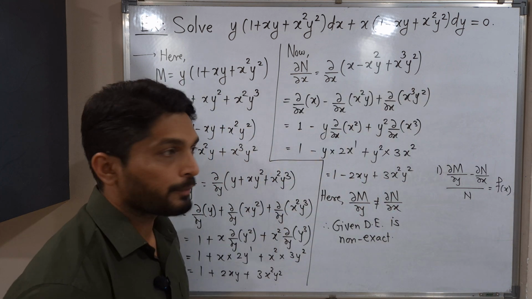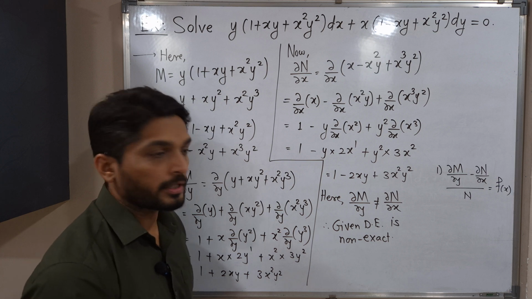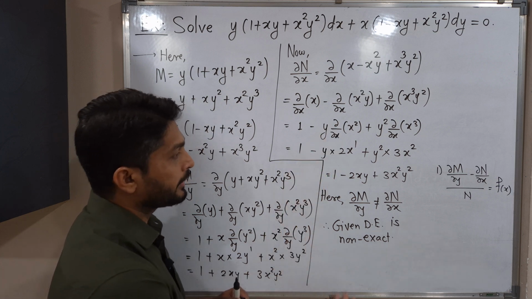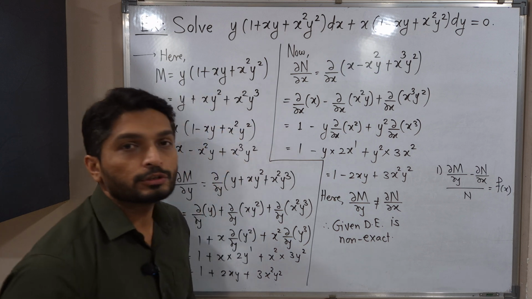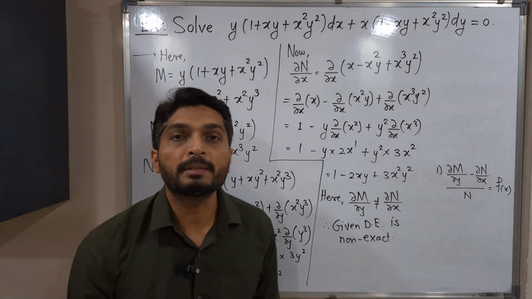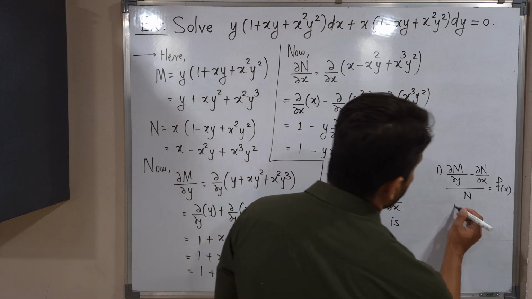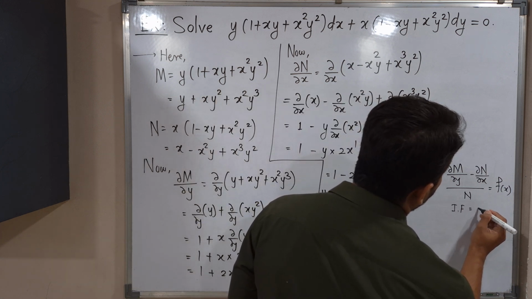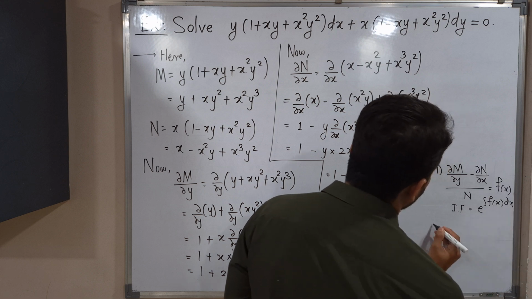That means we find the difference between these two partial derivatives which we have already calculated, divide it by N, and we should get just a function of x only. It means there should not be any y. In that case, the integrating factor will be e raised to the integration of f of x dx.